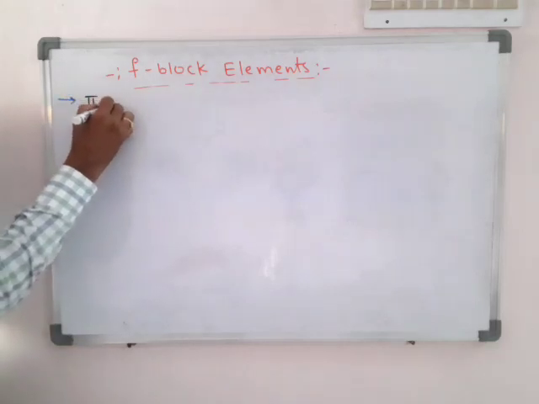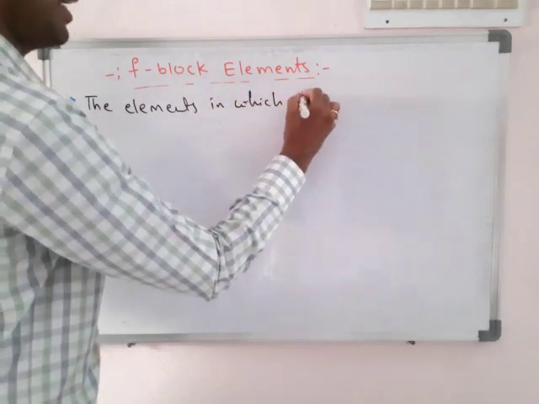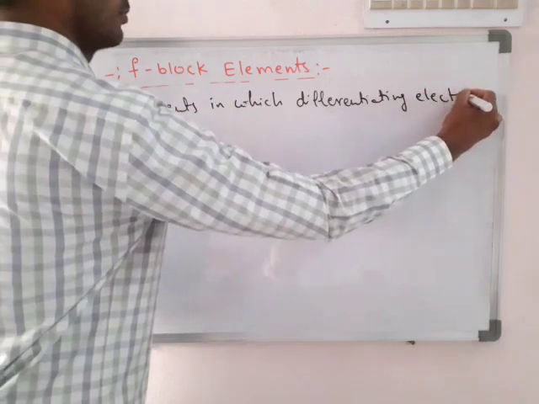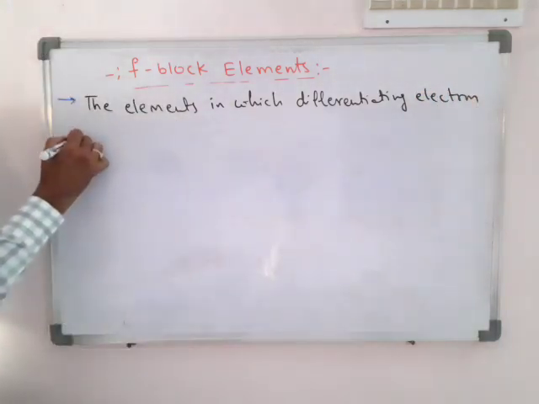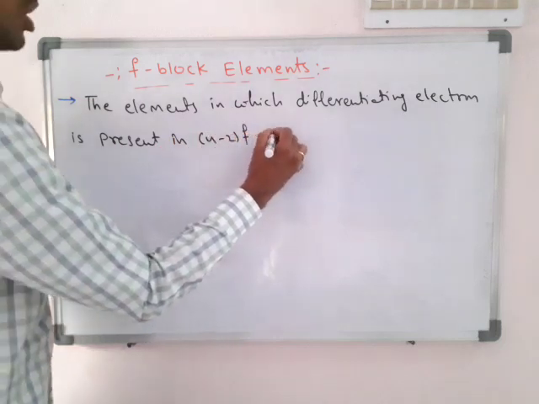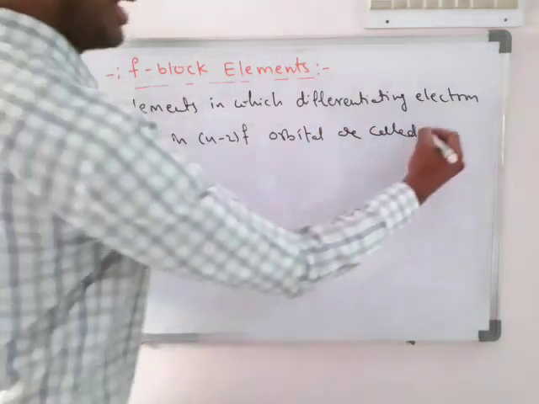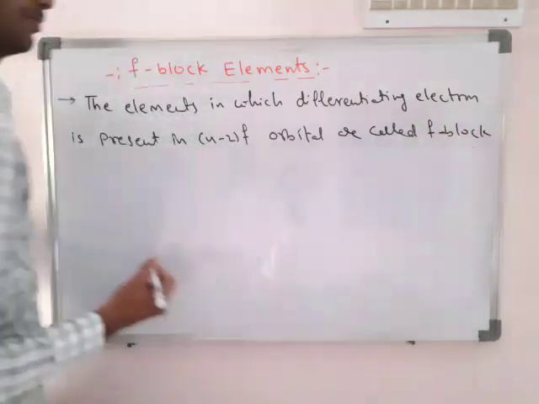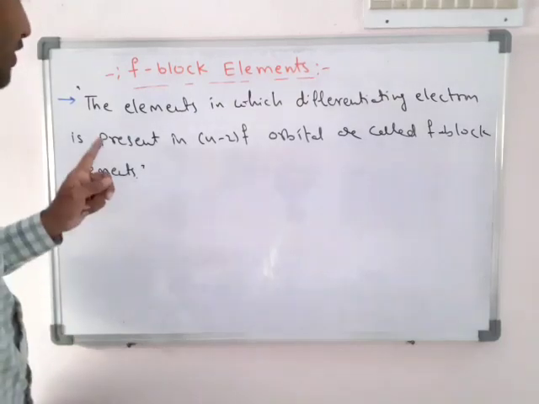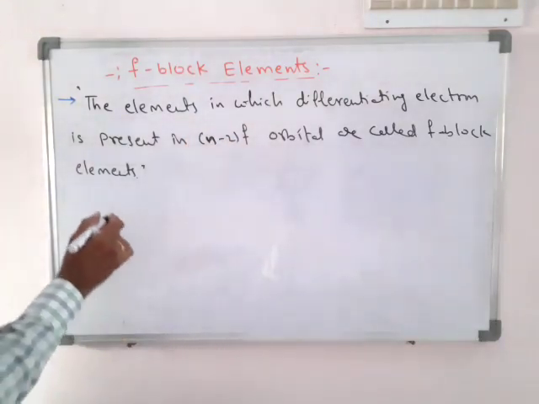The elements in which the differentiating electron is present in n minus 2 f subshell or orbitals are called F block elements.